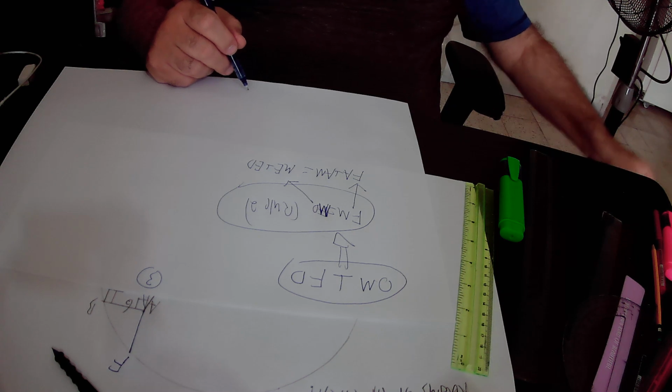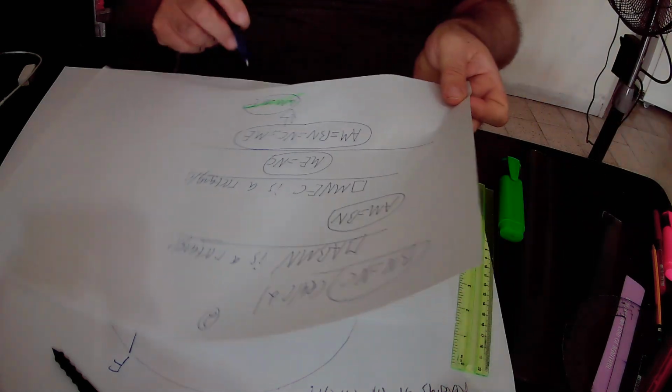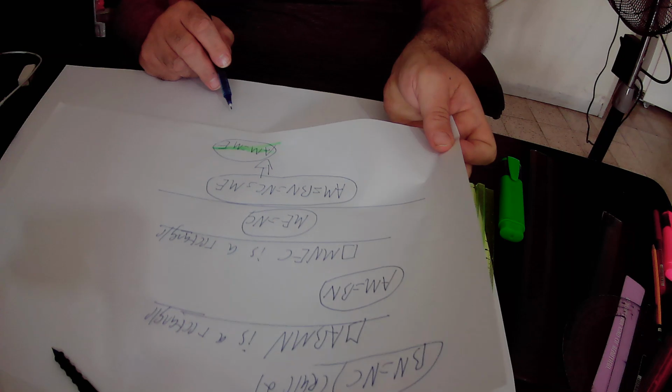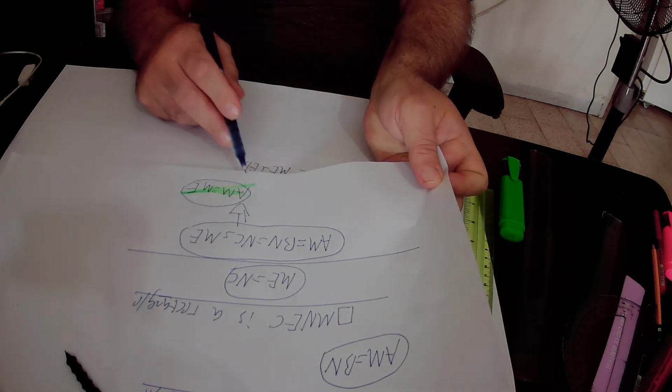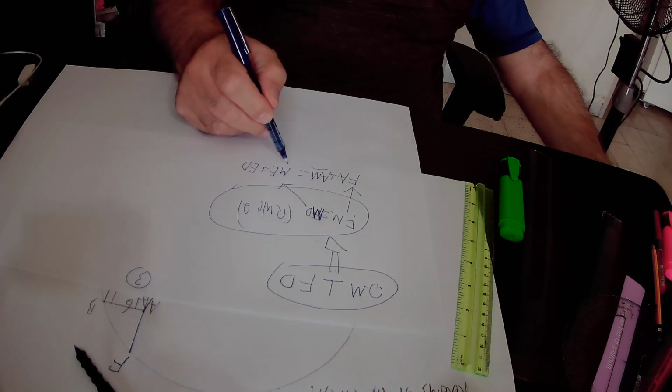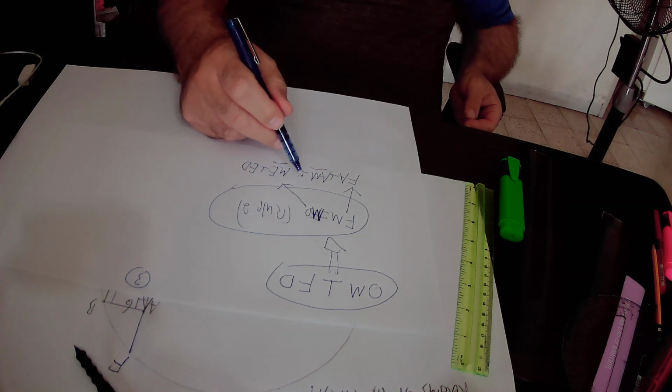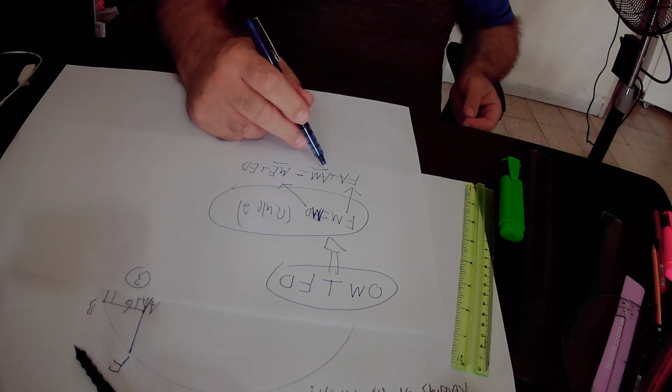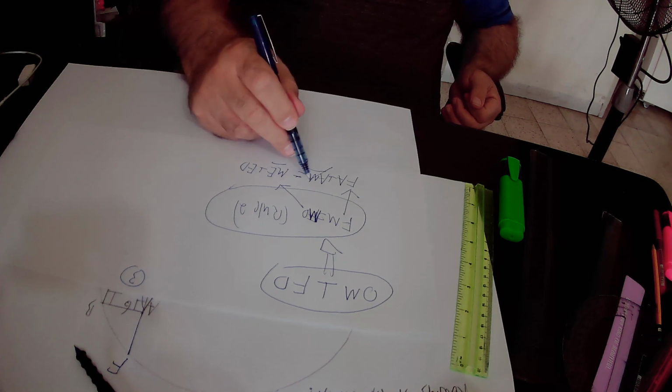But we have already found out that AM equals ME. So here AM equals ME, therefore we can cancel those two line segments because they are equal to each other.